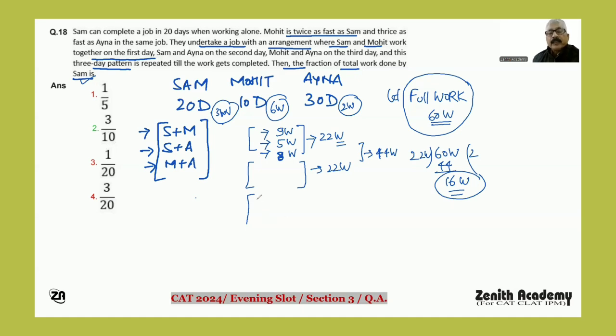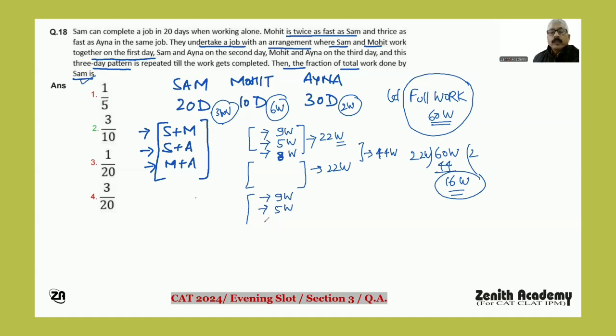And now see, as this third interval starts, first is the chance of Sam plus Mohit, and Sam and Mohit finish 9 work in return. Then the chance of Sam and Aina, they finish 5 work. 9, 5, 14. Still 2 work is left.